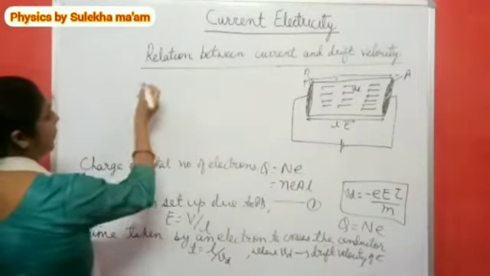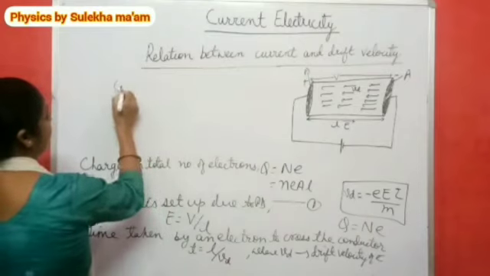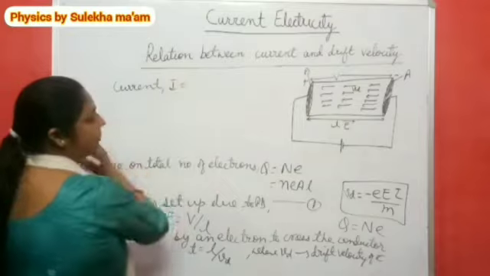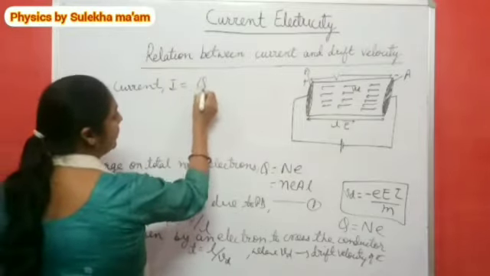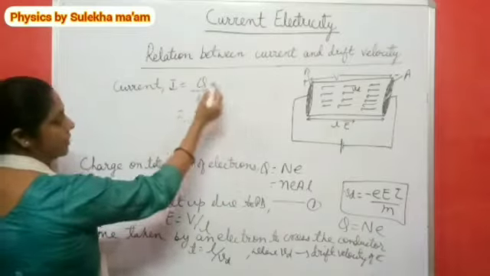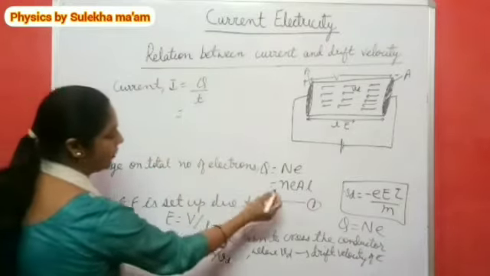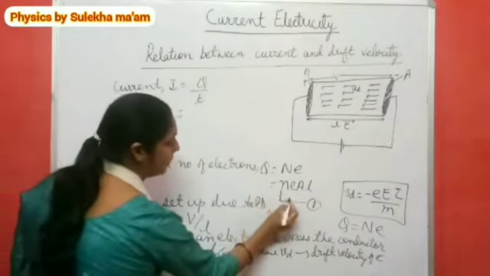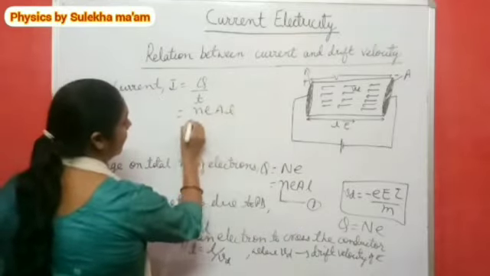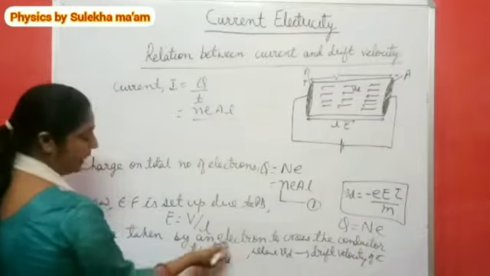Now, what is total current? Current inside the conductor. What is the formula for current? I equal to Q by T. And we already know that charge on total electrons is NEAL. This is equation number 1. And what is time taken by an electron?